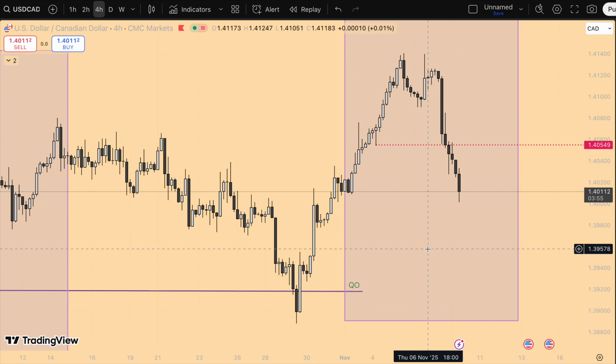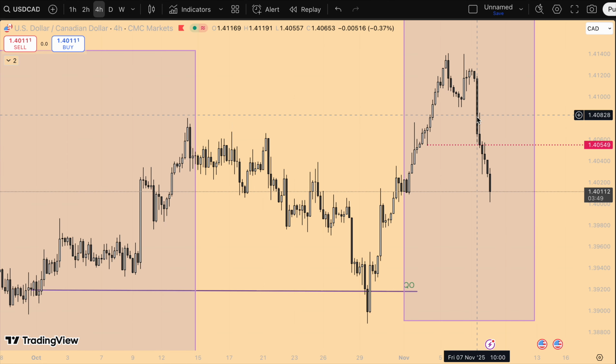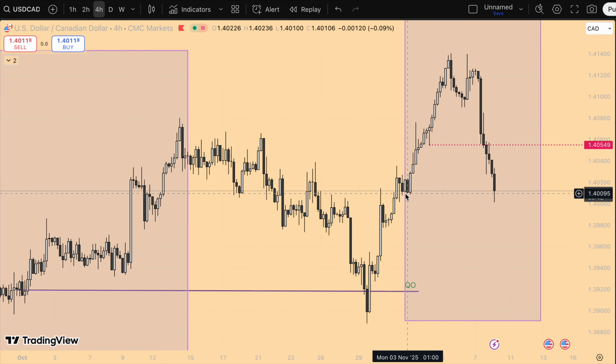With USD CAD, we started to see some bearish momentum, and that's because the Canadian dollar is getting stronger while the US dollar is getting weaker. So we've come into this consolidation area.